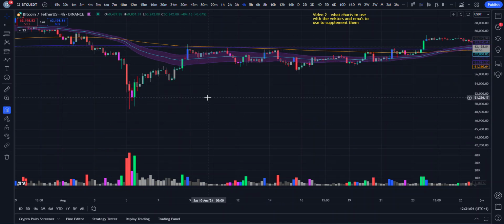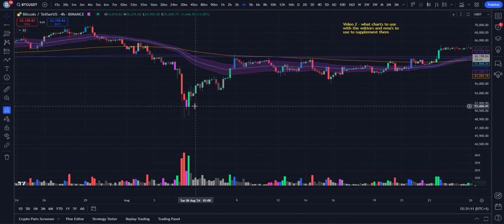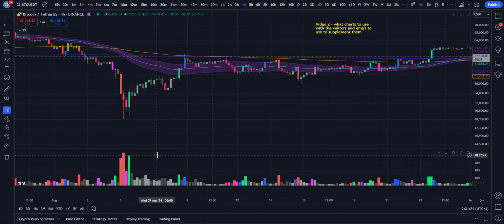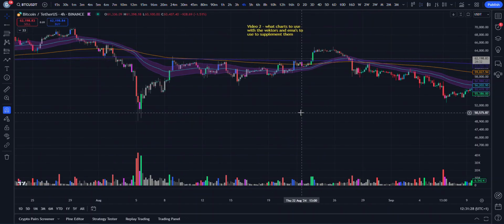Price will generally range and give you vectors either at the bottom or at the top of a move, and that's how you would spot the initial signs that a move up is getting weaker and will come down, or a move lower is getting weaker and is going to reverse to come up. So that's a quick explanation, which will be further expanded on in video 3, which covers some of the strategies.